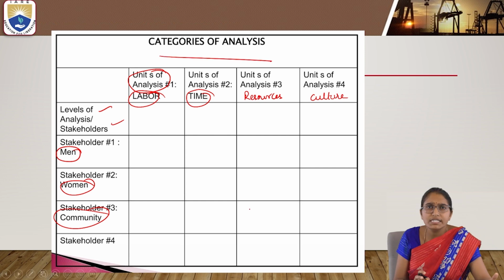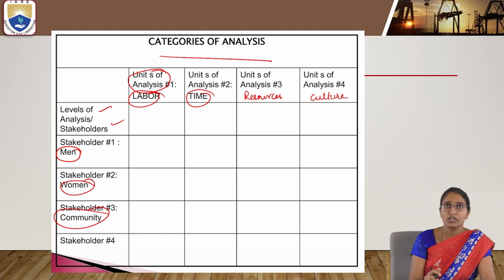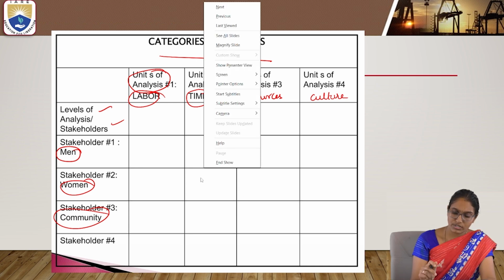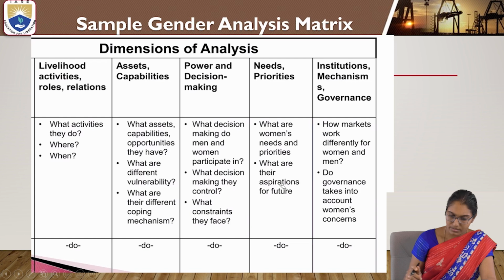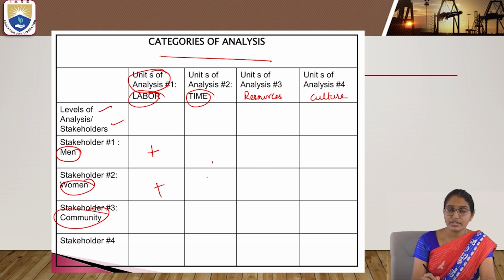So we have already discussed how to do this gender analysis matrix, where to put a question mark, where to put a positive sign, and where to put a negative sign. If someone says, for example, the labor work is mainly done by the men, here I give the positive value, and women also do. When it comes to time, it can be less for the women and more for the men.